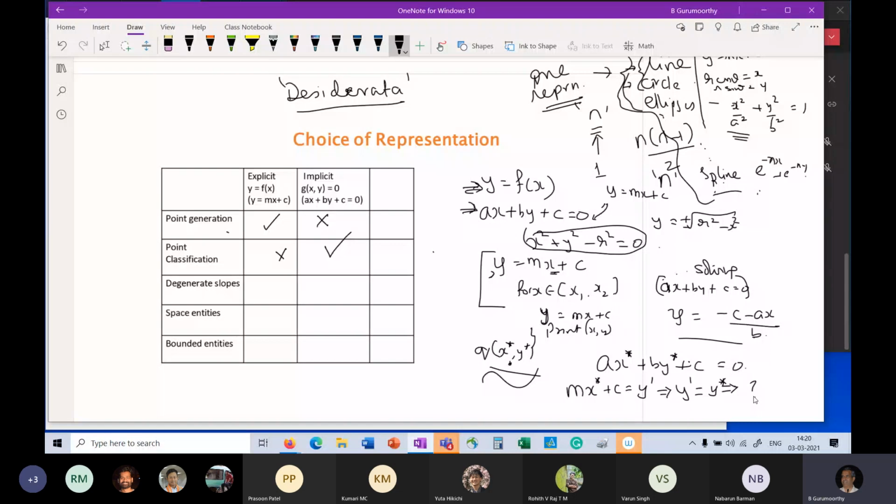So that's an additional step, and therefore it is not good. And therefore, you would prefer the implicit form for the point classification problem.